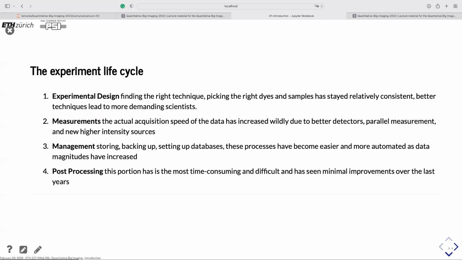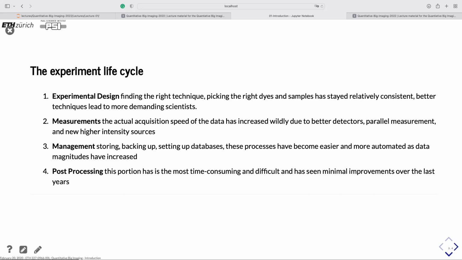So you have the experiment lifecycle where you first design your experiment. You have to find the right technique, the right setup, etc. Preparing the samples. Then you do your measurements, and that's usually a pretty short time of the whole lifetime. Then comes management. When you have a lot of data, you have to plan how to manage your data. If you want to store it on hard drives, or on a cloud archive or something like that.